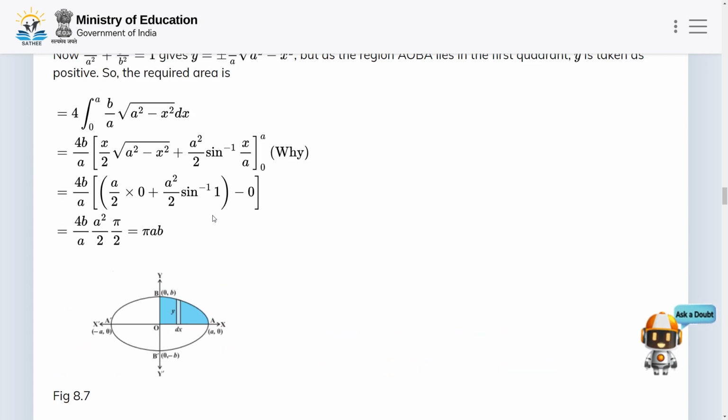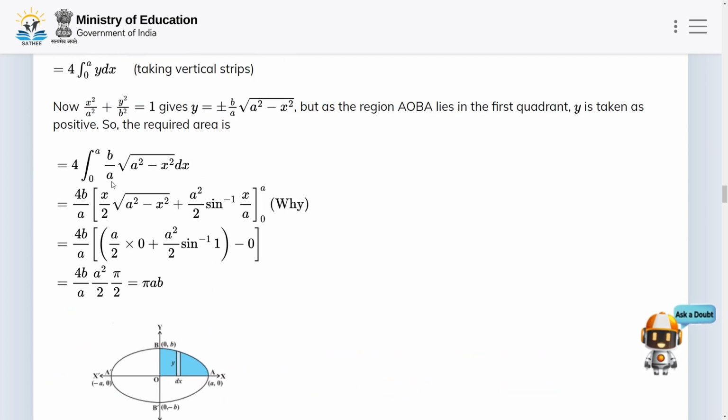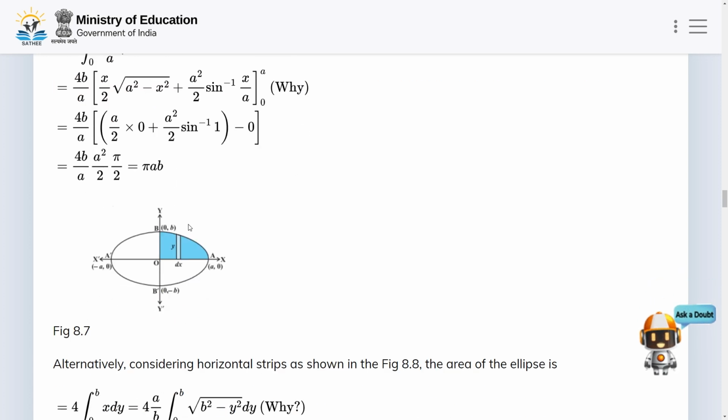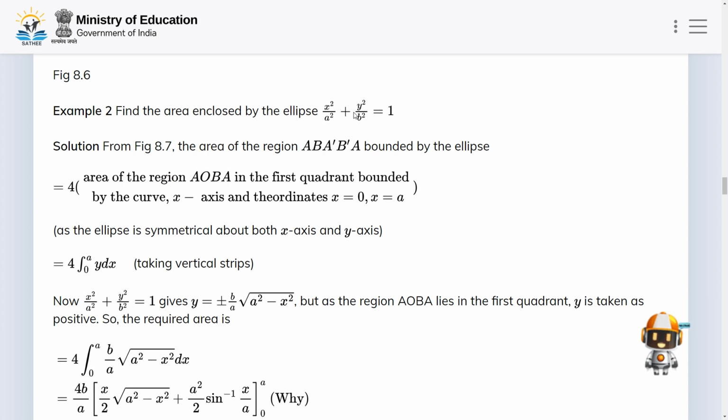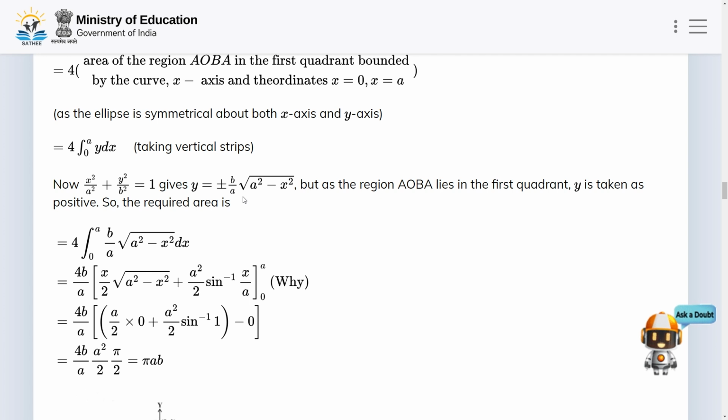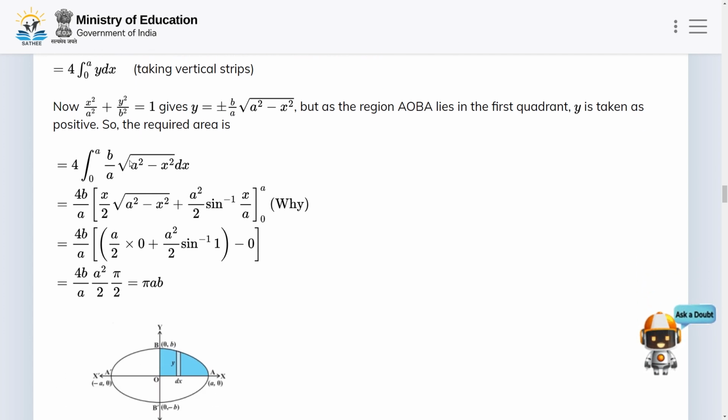So 4 times integral 0 to a of y dx. y must be in terms of x. y can be taken out from here: y square will be b square multiplied by 1 minus x square by a square. Now apply the roots, so you will get y equals plus minus b by a root of a square minus x square. So you will get your expression as b by a root of a square minus x square dx.